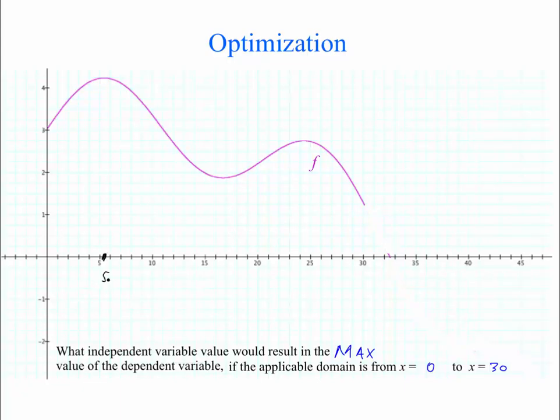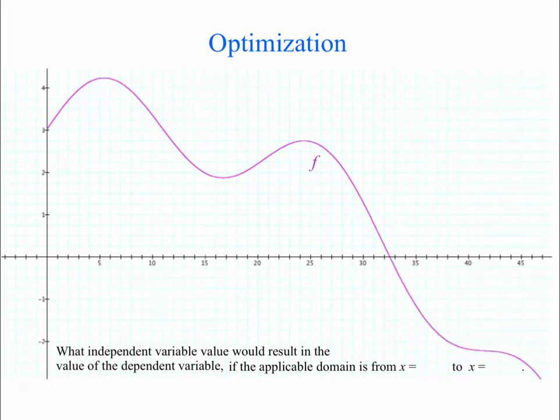If you said 5.5, you were right. If you said something around 5 or 6, you're right. It's right around 5.5. Does that make sense? That's the value of the independent variable that's going to give us what we're calling the best, the max value. Okay, let's try another one.